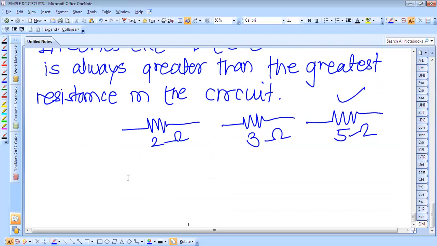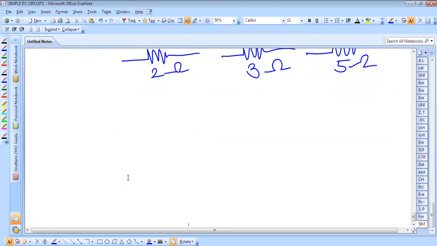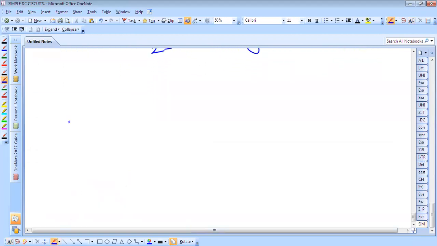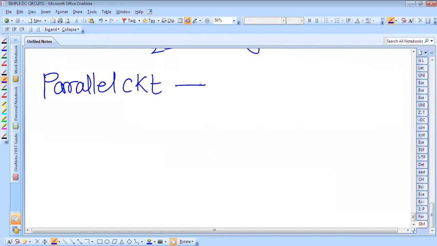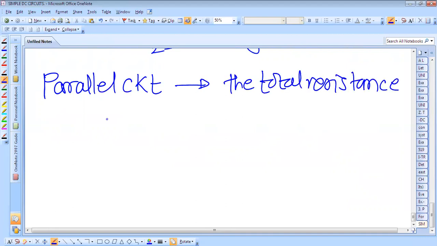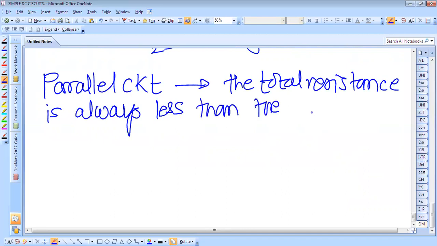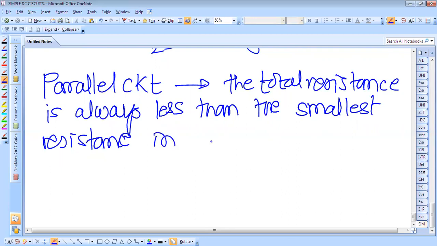And similarly, for a parallel circuit, the total resistance is always less than the smallest resistance in the circuit.